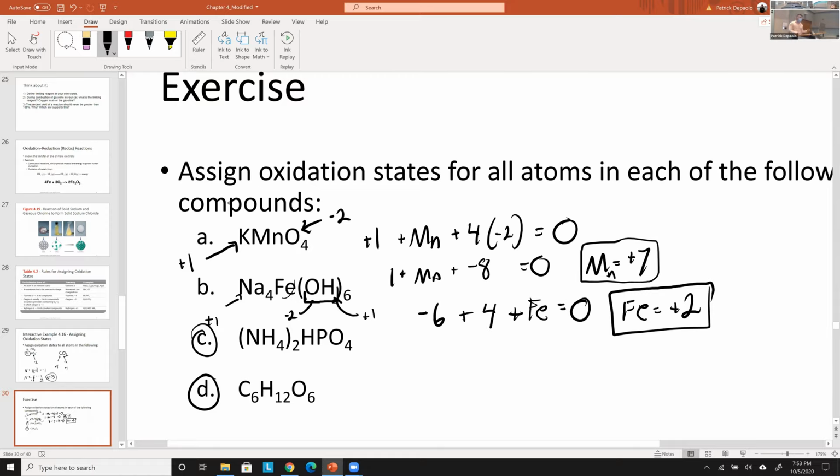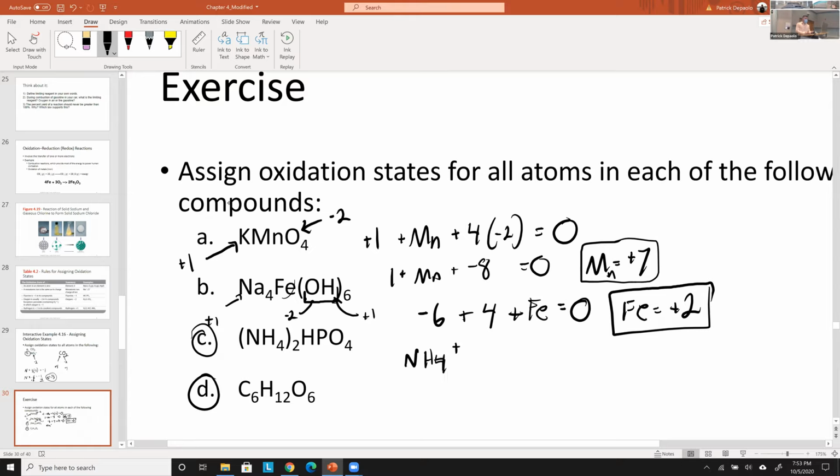Okay, so let's do the first one. This one's kind of difficult because you have to realize what it is. Now, NH4, we know from polyatomic ions, is ammonium. So ammonium has a +1 charge. So to figure out the oxidation state of nitrogen in ammonium, you write NH4 +1.